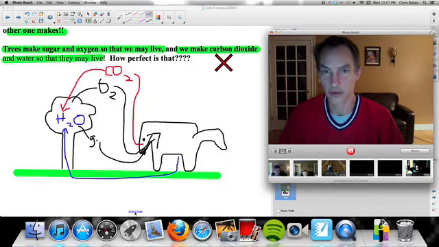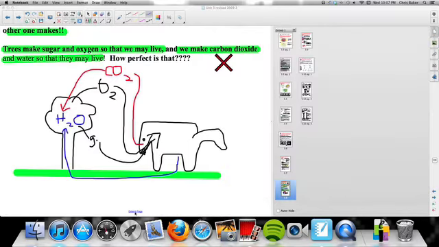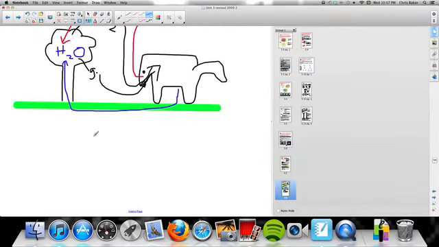I'm going to try one more thing. Here's photosynthesis. P colon.